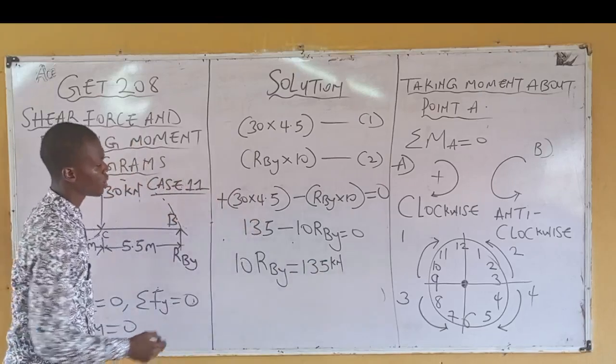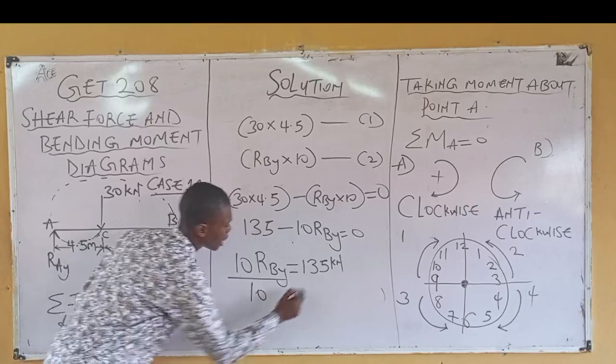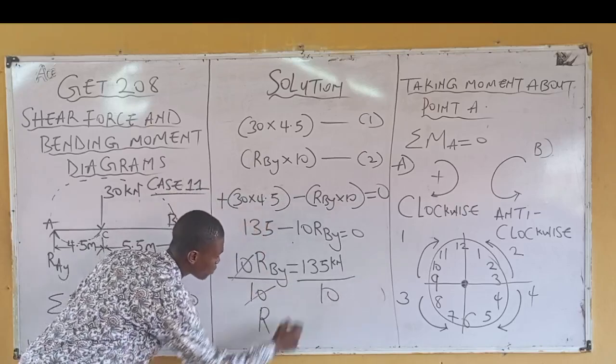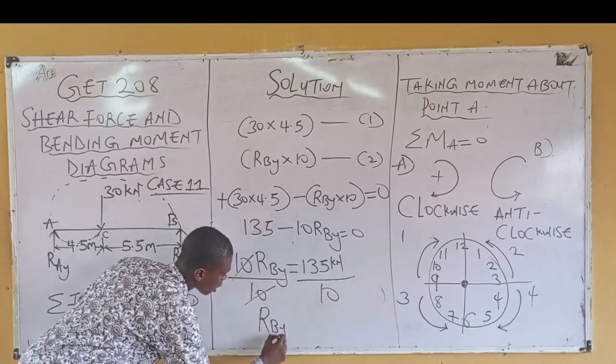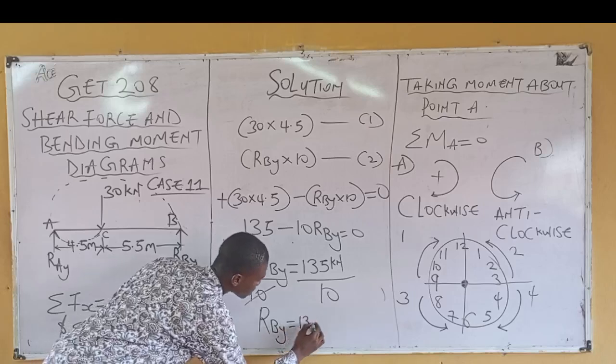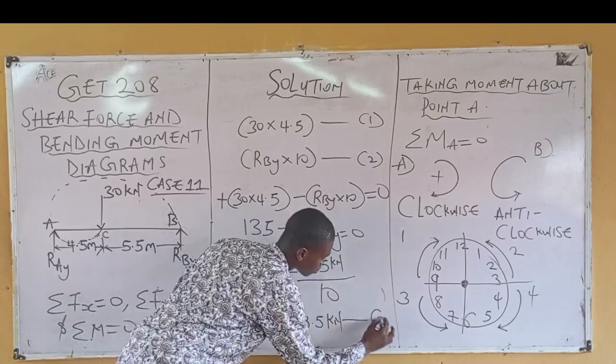From here, what's your next step? Divide both sides by 10, meaning that RBY is equals to 13.5 kilonewton. Call this equation 2.